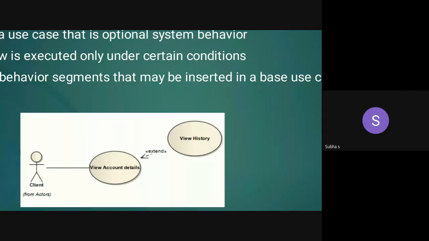So here, if you ask for some information regarding your account details, they will not give you the full details. What is your necessity? What is the purpose? You are asking for your own details. Then only the bank is allowed to give you the full details. Otherwise they give the common details.